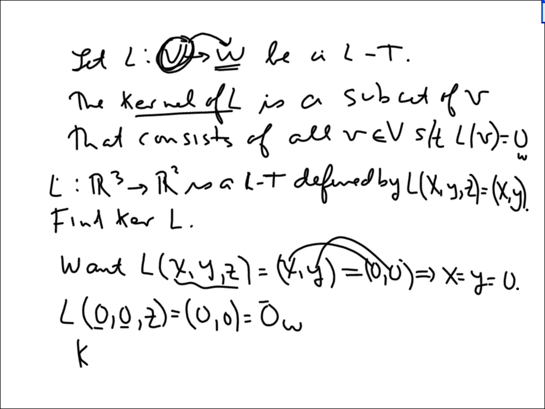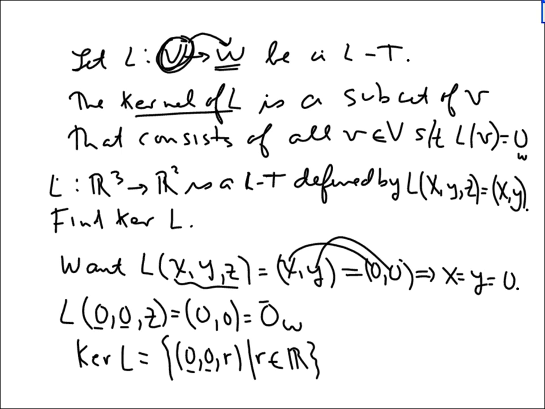So we're done. The kernel of L is the set of all 0, 0, r, whatever letter you want, I'll use r, such that r is any real number. That's the kernel. It's the things in R3 that have the first two entries being 0.